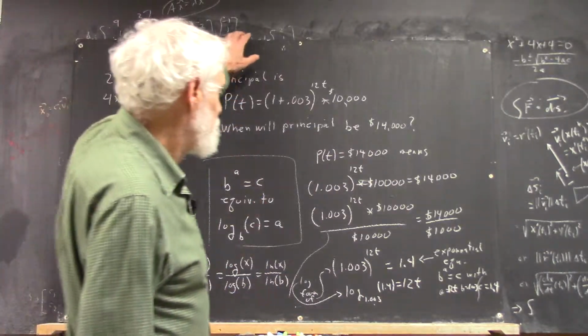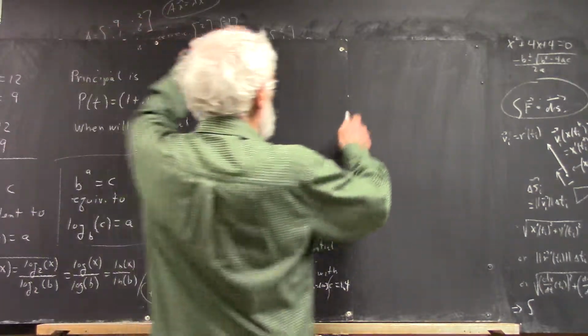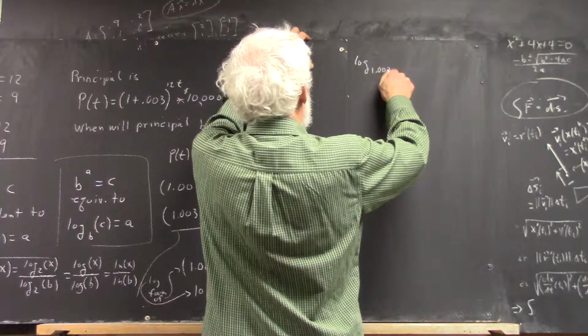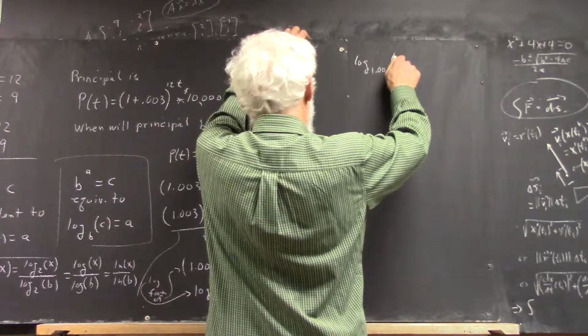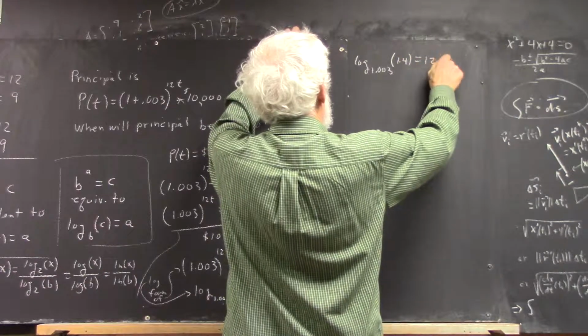Okay? So again, we have the equation log base 1.003 of 1.4 equals 12t.